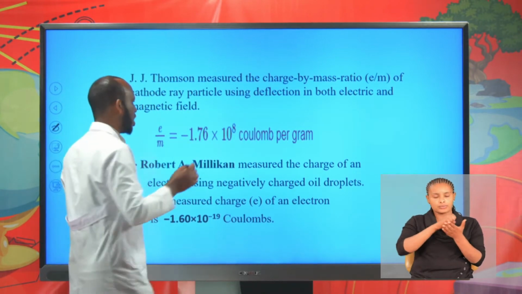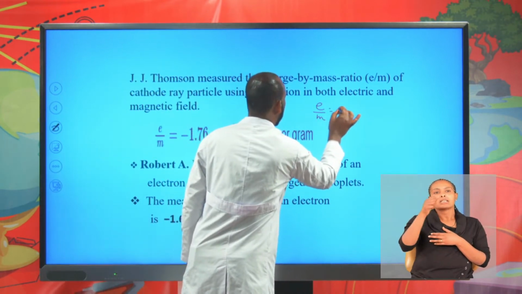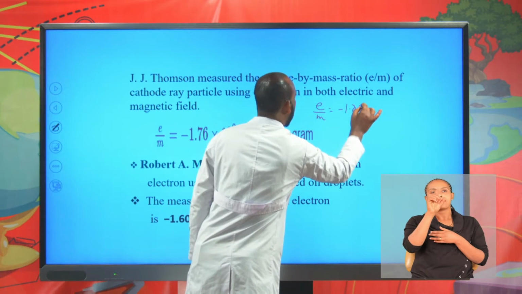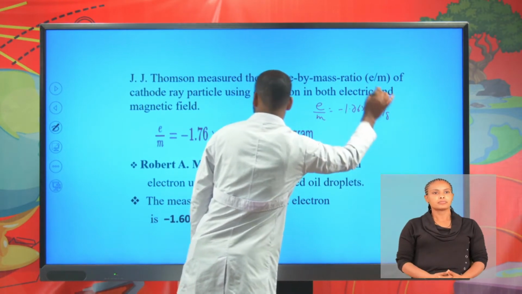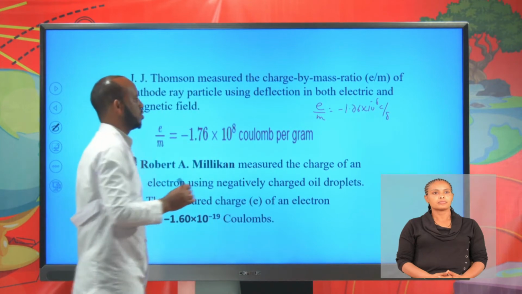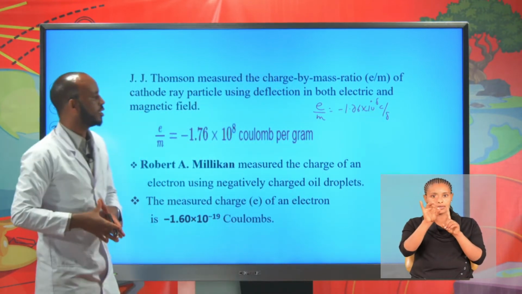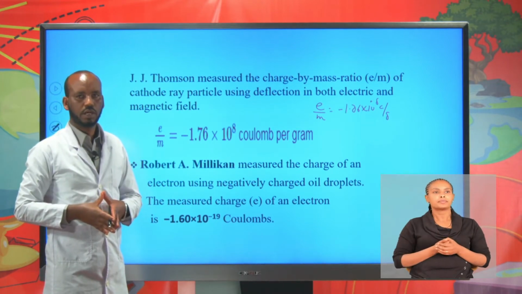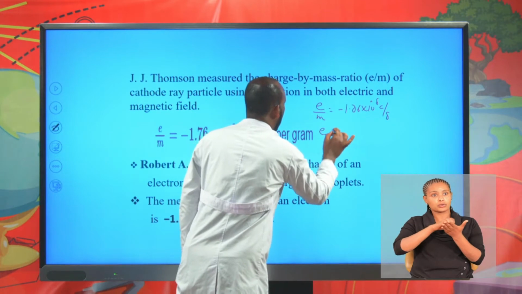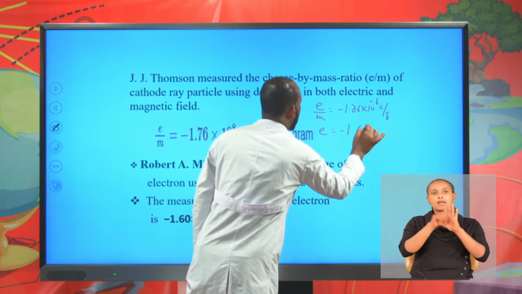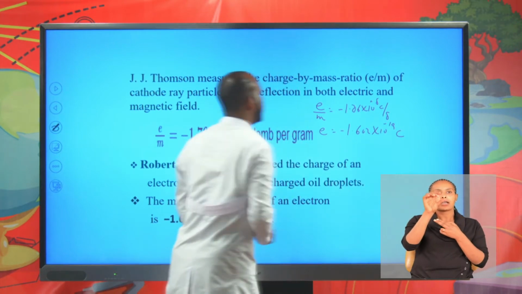You see, charge to mass ratio of an electron is minus 1.76 times 10 raised to 8 coulomb per gram. Charge on a single electron is found to be minus 1.602 times 10 raised to minus 19 coulomb.